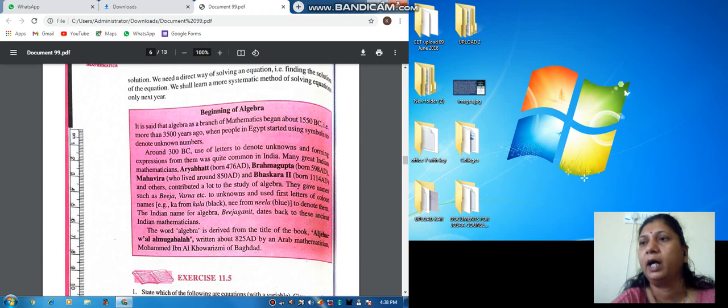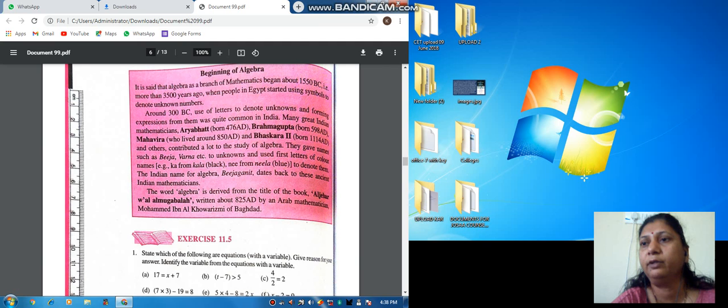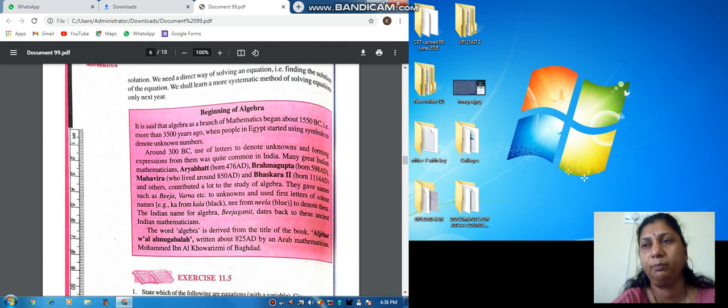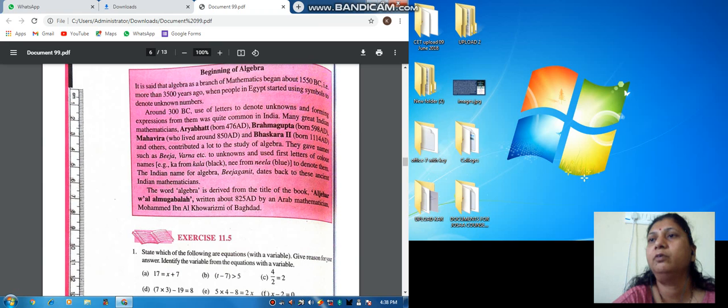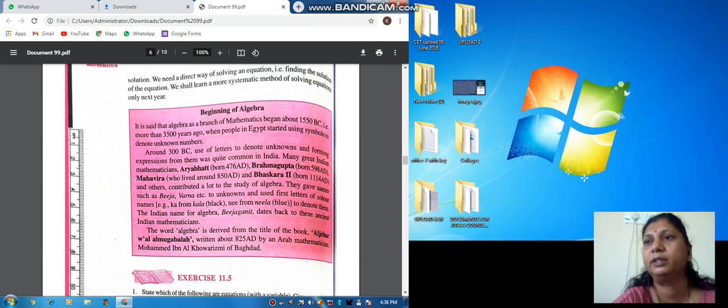Now we have to start exercise 11.5. But before starting, I want to share some information about algebra. It is just a proud feeling for India, so let's read it and you feel it also.